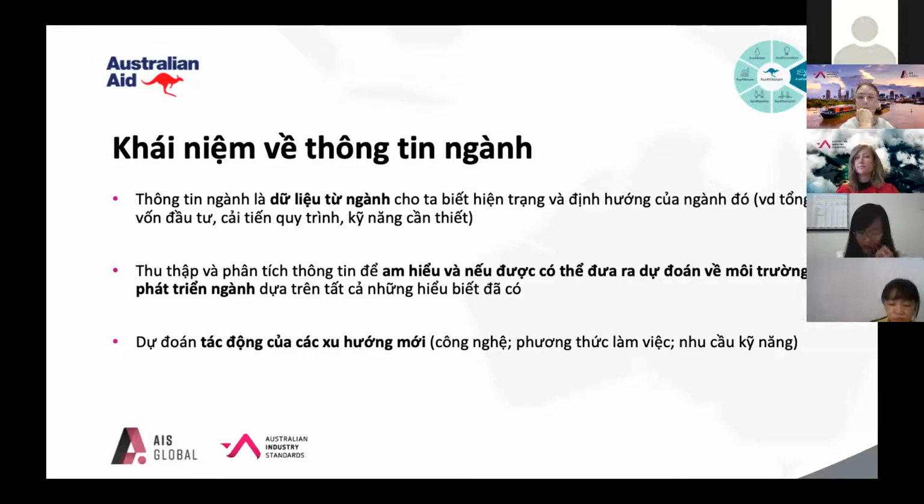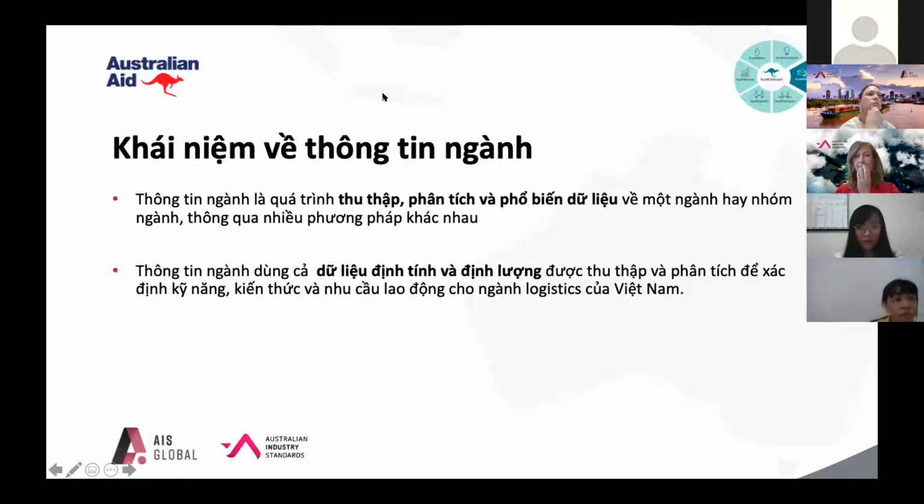And this is also very valuable for anticipating what changes occurring in the sector might impact on skills development needs, particularly around technology, work practices and process, and skills development needs. It's not the only thing that we do.